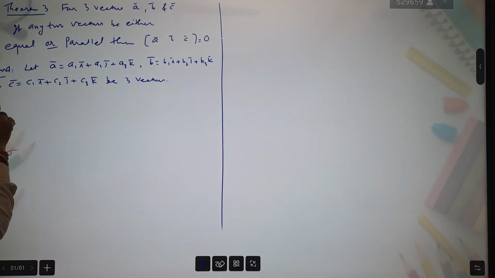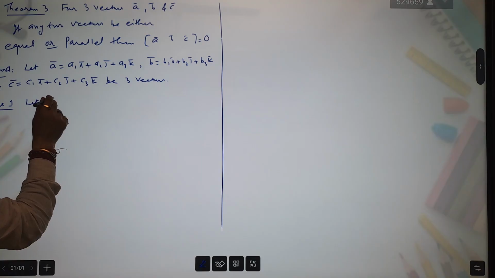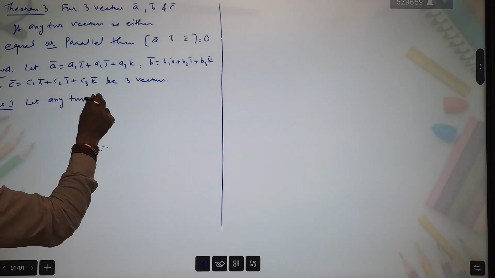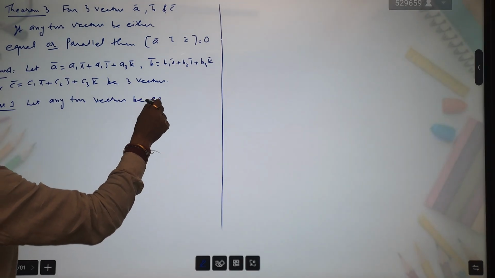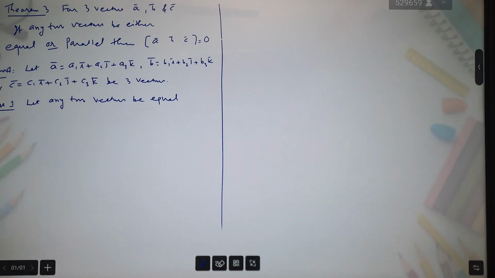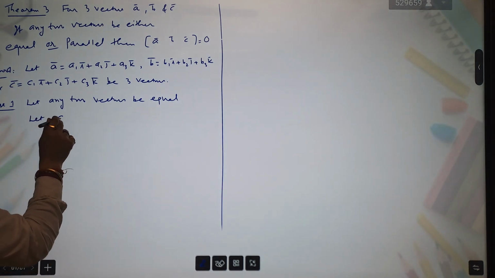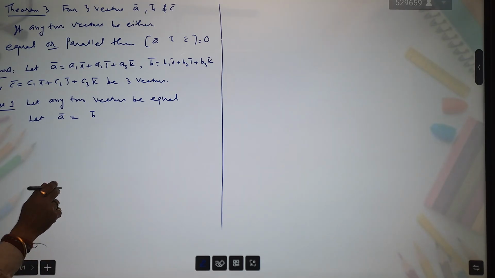Case 1. Let any two vectors be equal. So let's assume let A bar is equal to B bar.